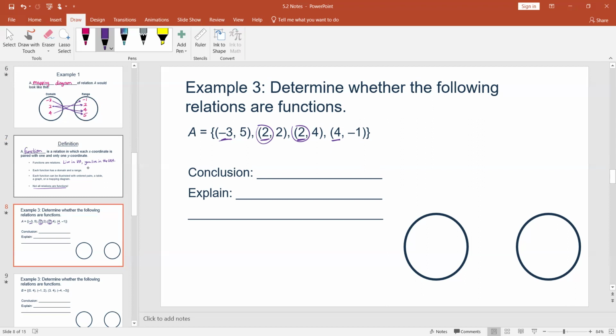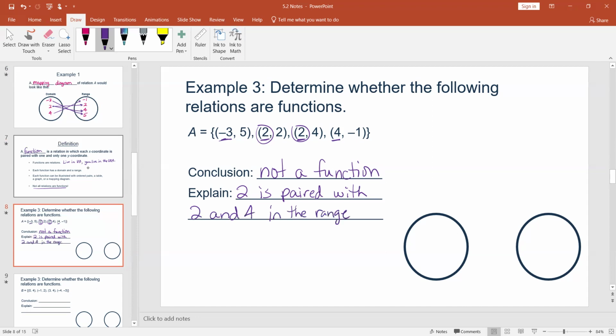Therefore, this is not a function. It is a relation. It's not a function because 2 in the domain is paired with 2 and 4 in the range.